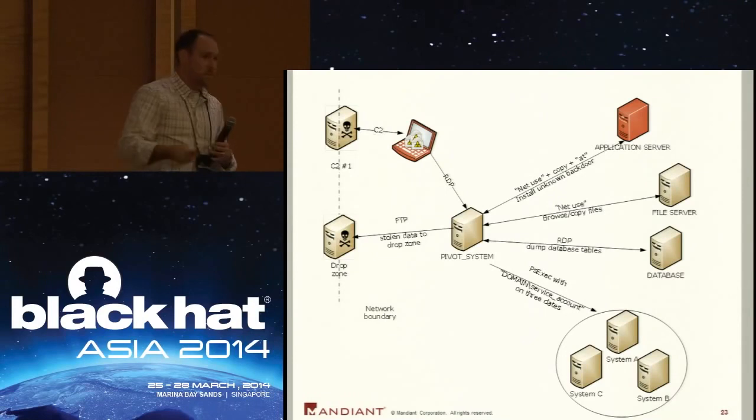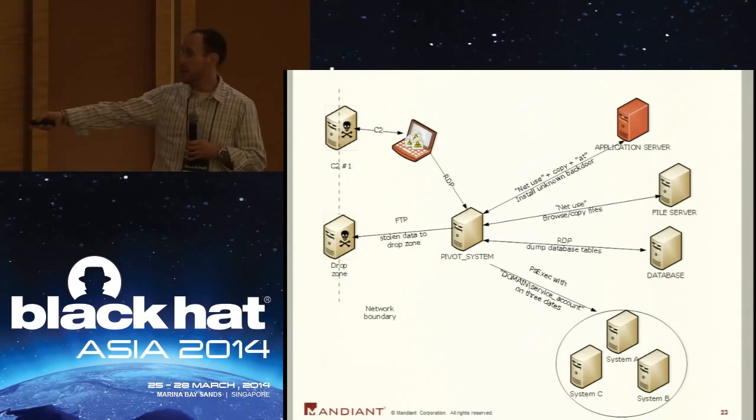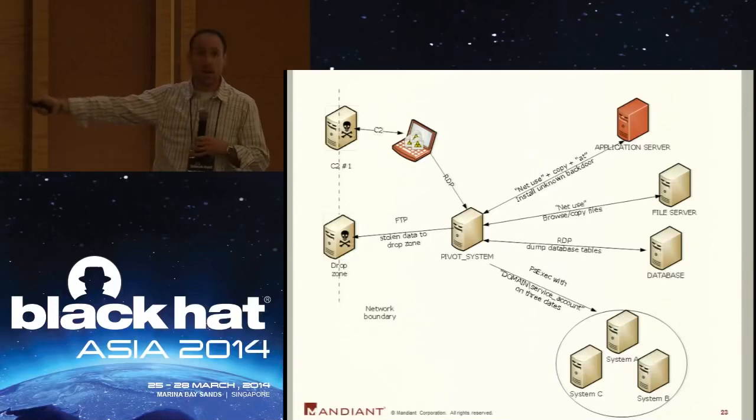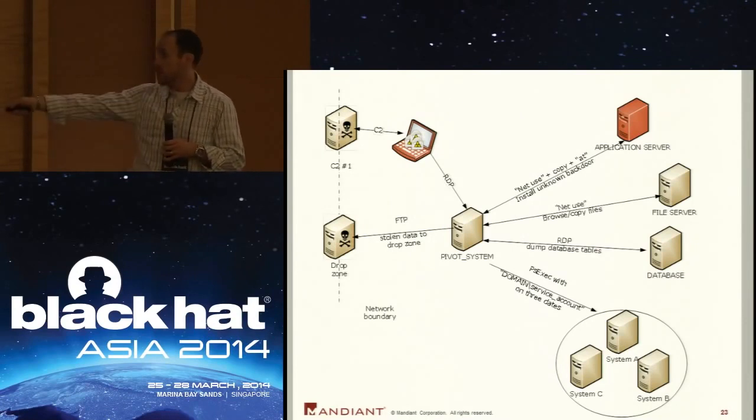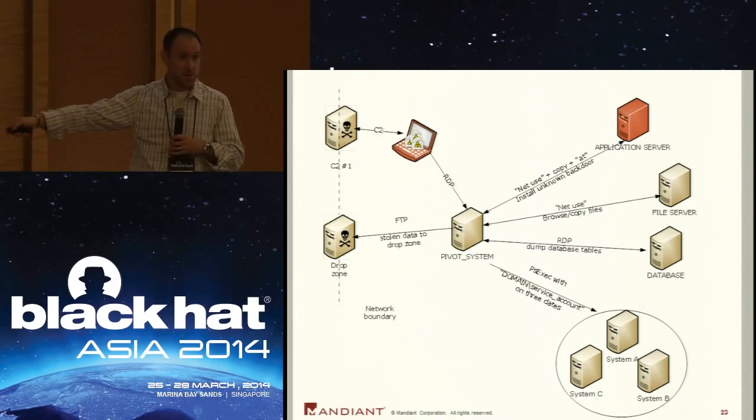So you want to be able to search for a couple of different things. You want to take the domain service account and look for where that account logged in from the source of this pivot system. The other thing that would be useful is, you know that the attacker was on the pivot system on a particular day, because you've got artifacts that show he was active on the system.